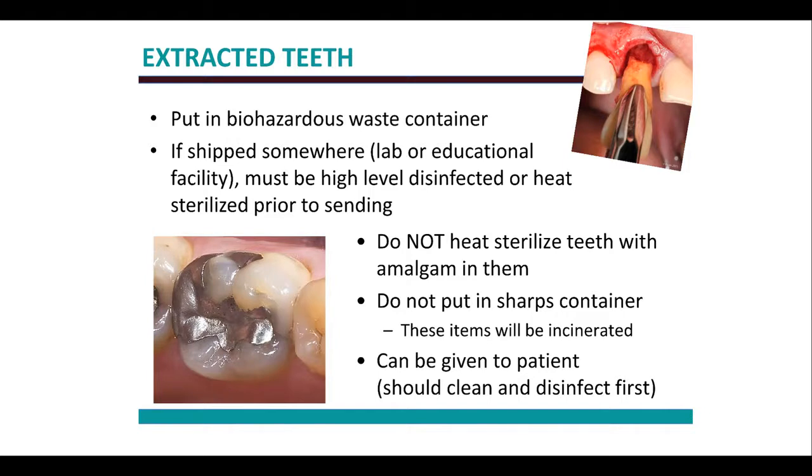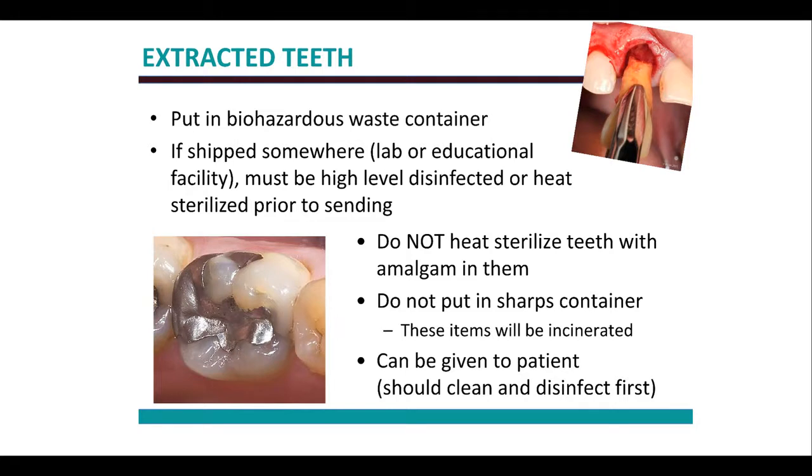Now the problem with heat sterilizing is, next bullet, do not heat sterilize teeth that have amalgam in them. Amalgam, when it is heated, puts the mercury into the vapors, into the air, and then you inhale it. When we talk about amalgam, we'll get much more extensive into this, but the biggest hazard with it is the inhalation of it into our lungs.